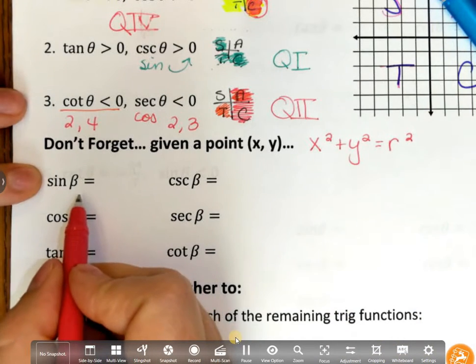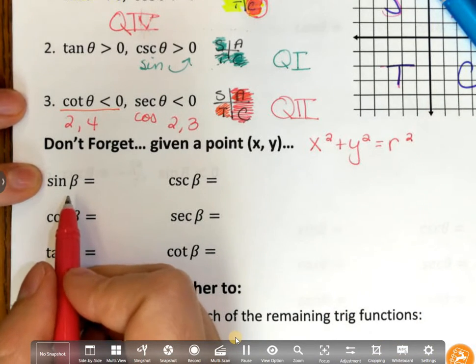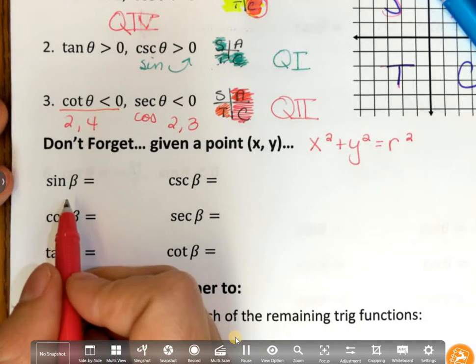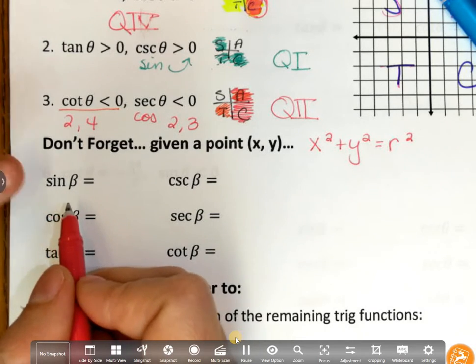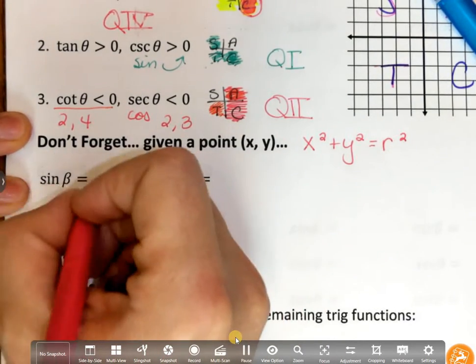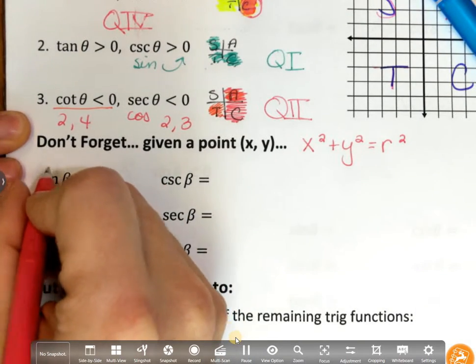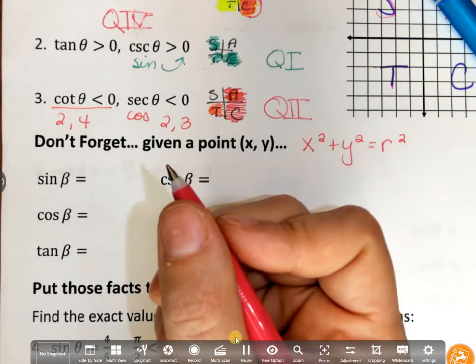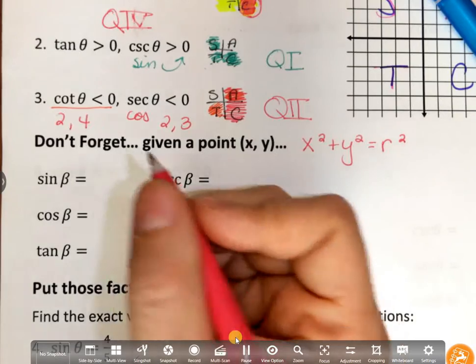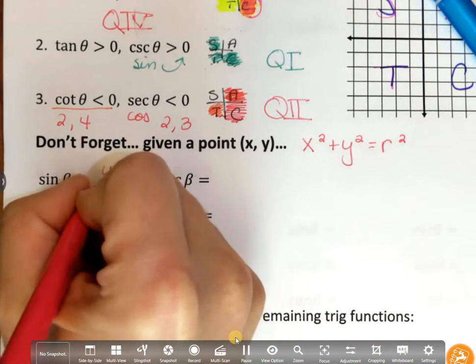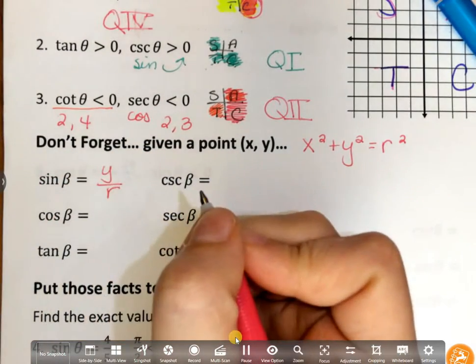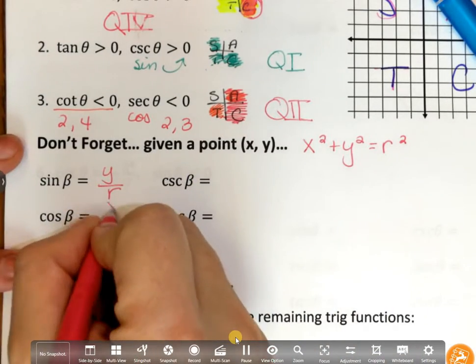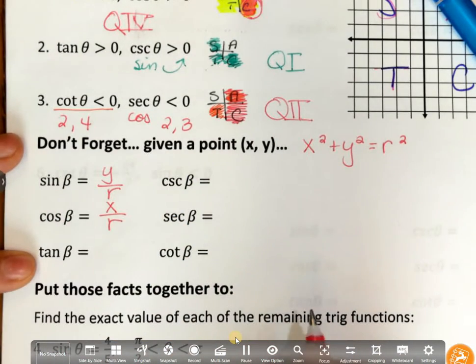By the way, that symbol is a beta, or if you're from England, it's a beta. Not kidding, that's how they pronounce it. They're weird. So sine is what over what? Y over r. Cosine? Tangent.